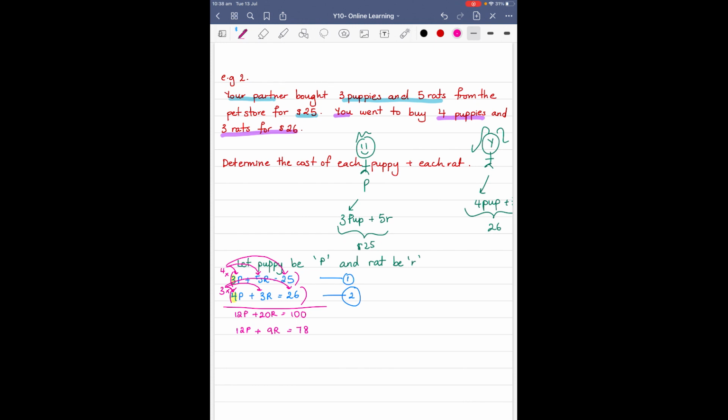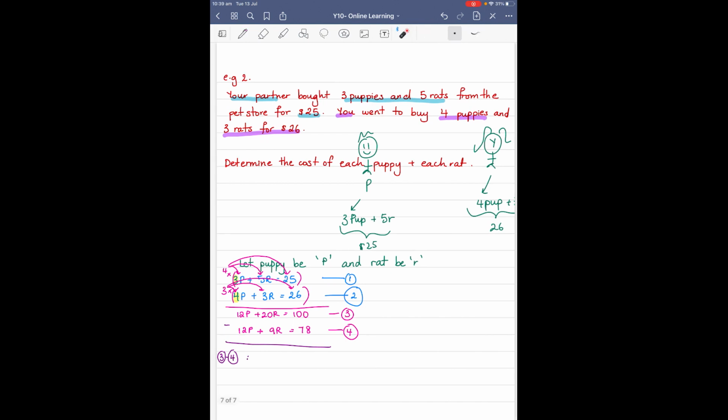Once you have that, we are going to label these as new equations, 3 and 4. We are going to solve them simultaneously now, so we're going to subtract. We're going to do 3 minus 4. 12p minus 12p is nothing. That cancels out.